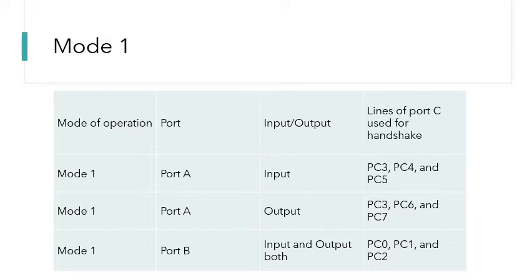Hence, port A and port B can both work in mode 1 simultaneously with 2 lines of port C still remaining. The unused lines of port C for handshaking can be used for I/O in mode 0. The table specifies which lines of port C provide the handshaking signal for port A and B.